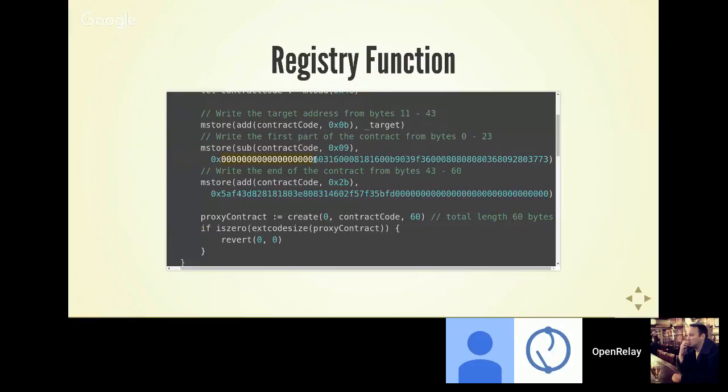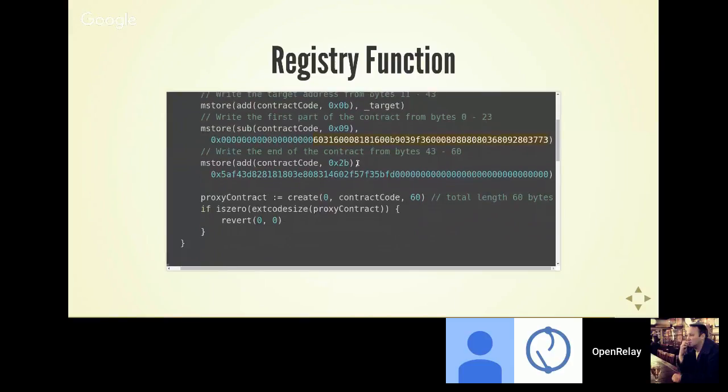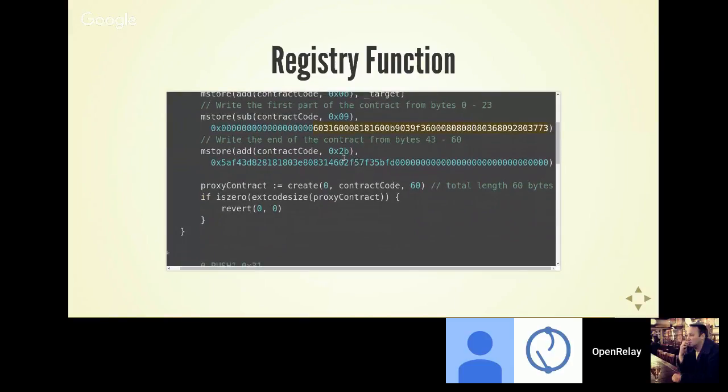Then we write the rest of this string going from byte 0 through byte 11. No, through byte 23. And then down here, after the address, from byte 43 through 60, we write this stuff, and then all these zeros go past the end of that 60-byte array.